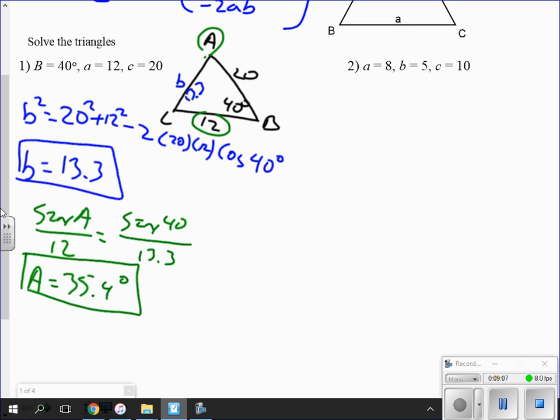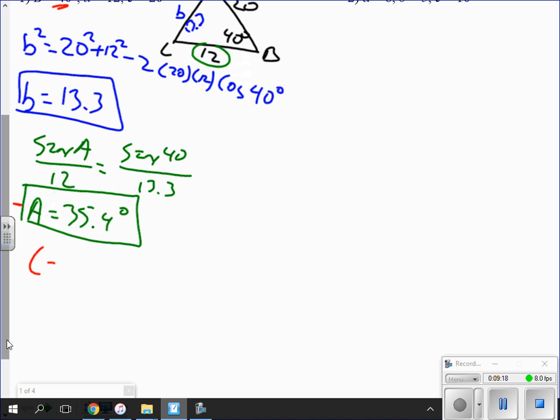And then you do angle C, which is easy. You subtract this and that from 180, and you get C equals 104.6 degrees.